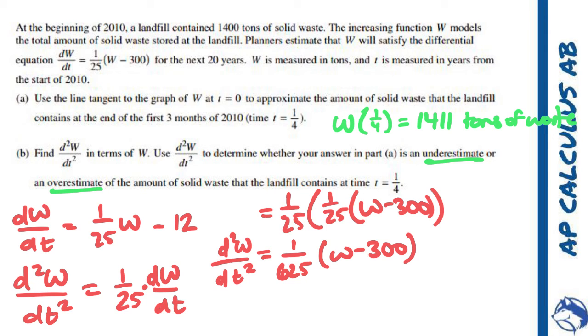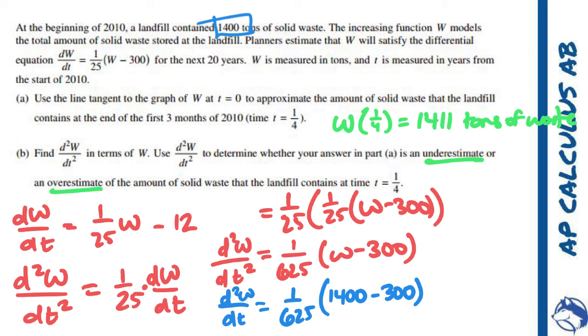And so what I need to do is figure out if it's an over approximation or an under approximation by looking at the concavity. So if I plug in my initial tons of waste, which is 1,400, I would get 1/625 times 1,400 minus 300, and what I would end up getting here is some positive number.